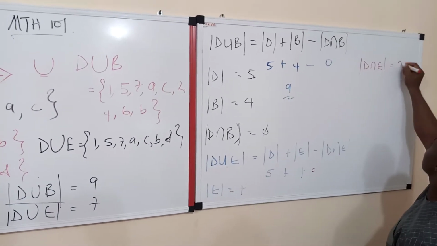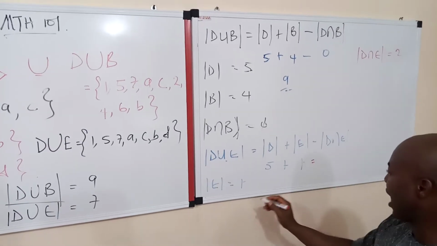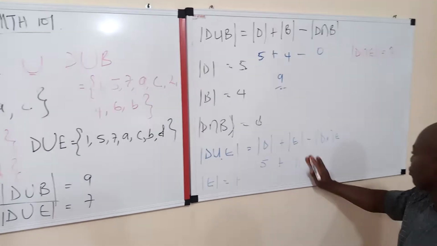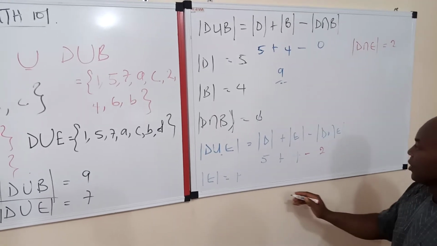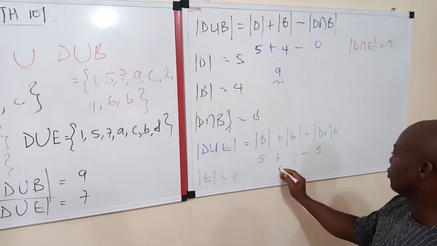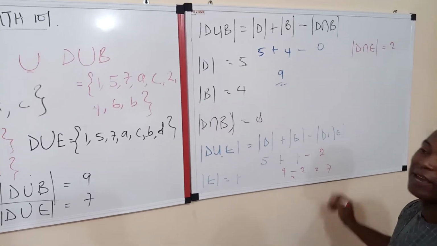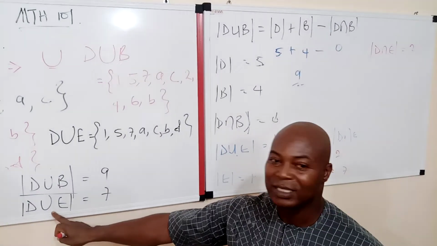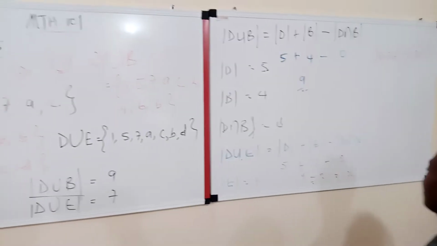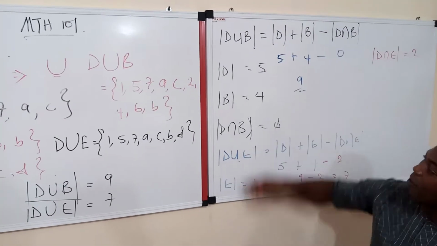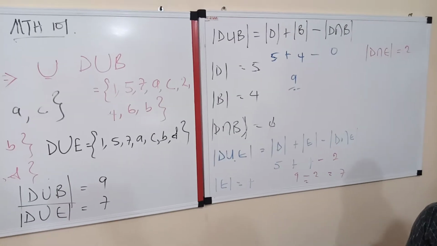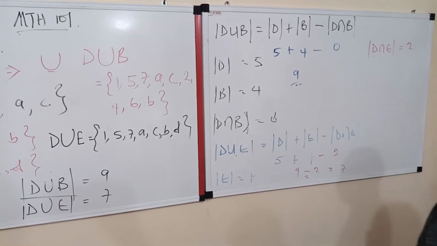Their intersection is 2, so you say minus 2. As we have done before, this plus this gives you 9 minus 2, which gives you 7. So you can see that it's the same thing as we just counted. So you can use this formula to determine the cardinality of the union of 2 sets.